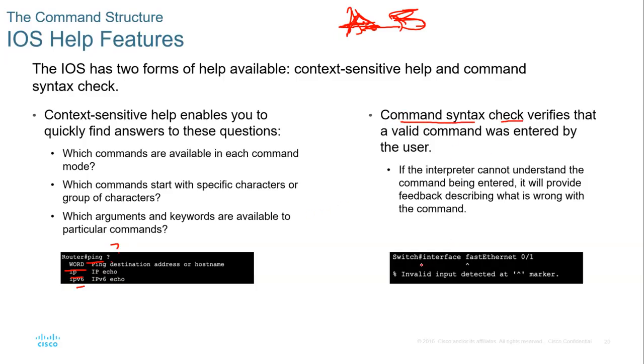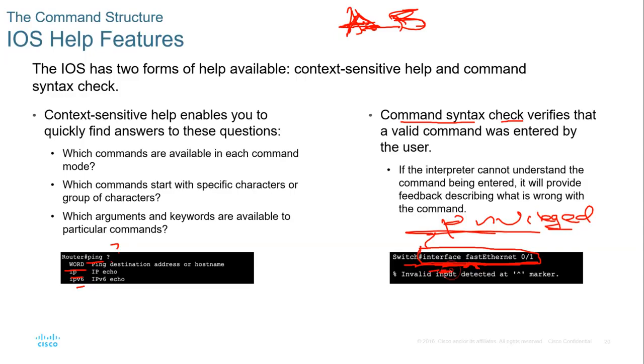If you type something wrong, as you can see here, switchport, then interface FastEthernet, the command syntax checker indicates that there is something wrong. For example, this command can't be executed in privilege mode because this is privilege mode. It has to be in global configuration mode.